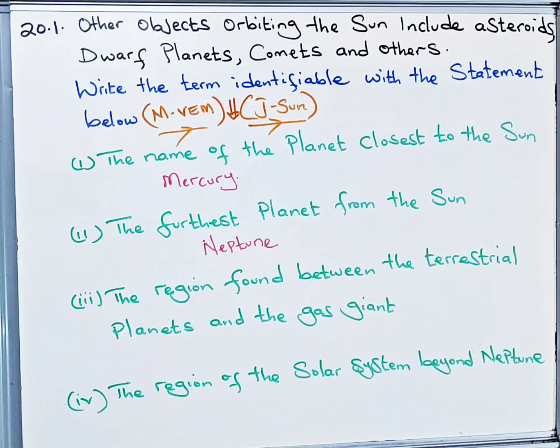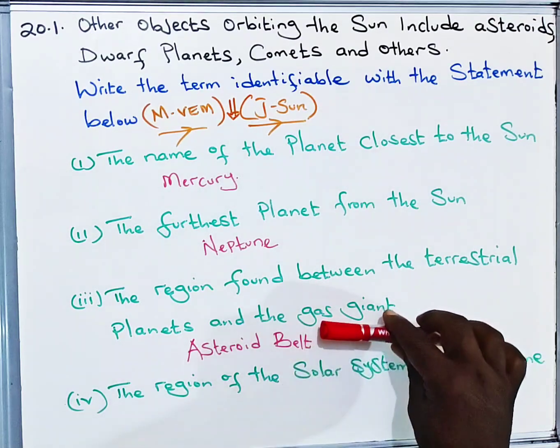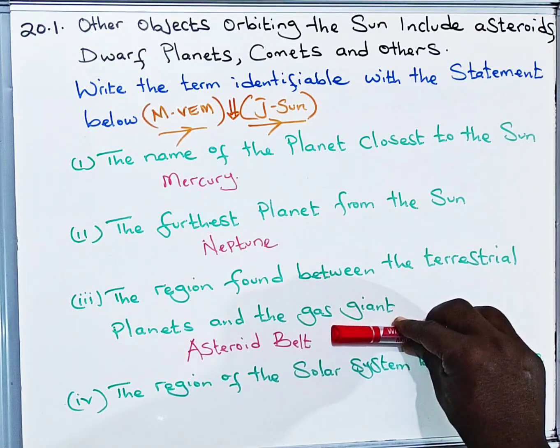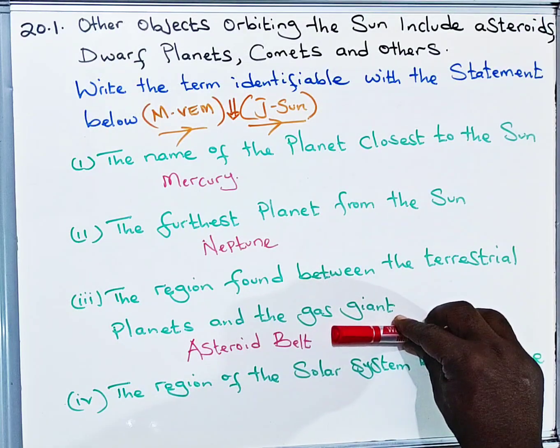We call it the asteroid belt. Most of the asteroids are found in that region.